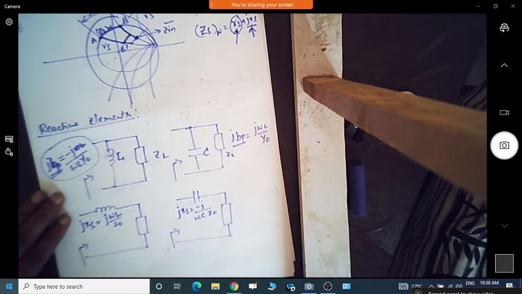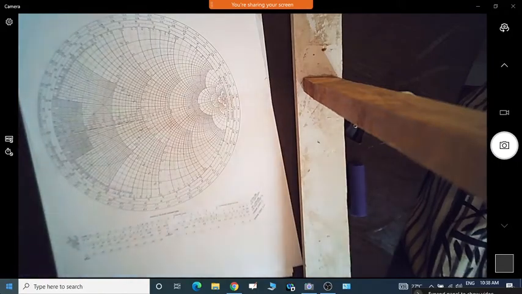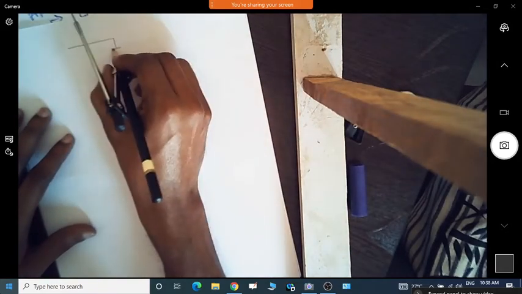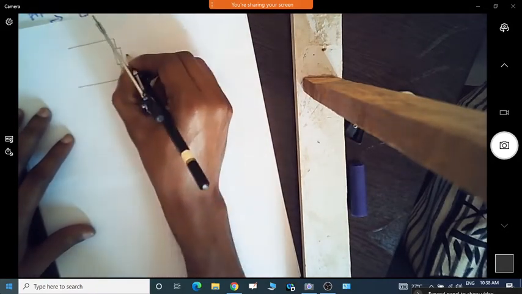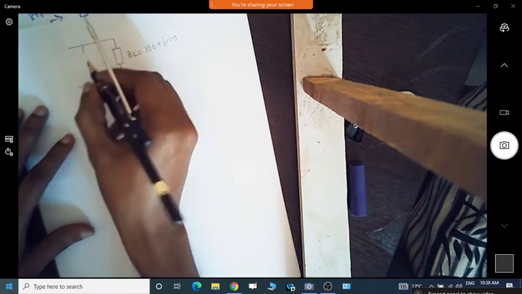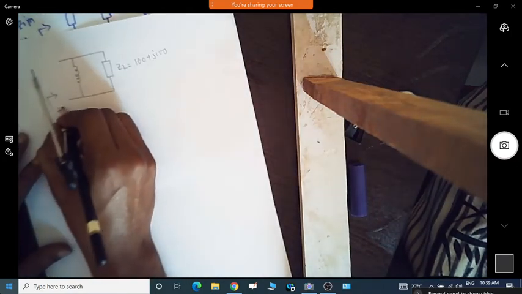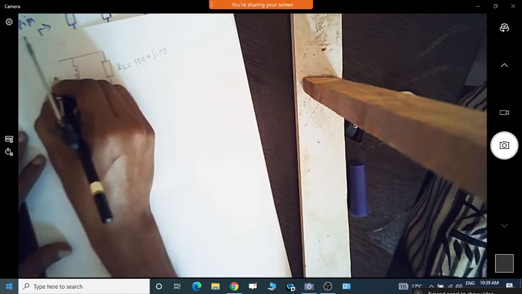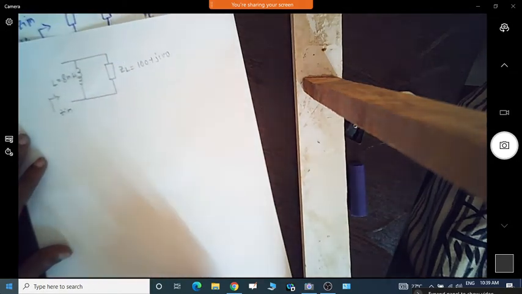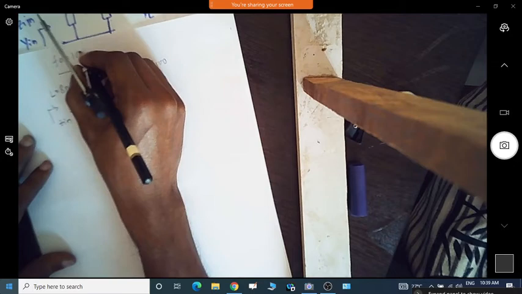Let us take it on the ZY chart itself and find it out. Now if I have the load value ZL, something like 100 plus J100, and I have a shunt inductance, I need to find the input impedance here. First I need to find out, for a particular value of L, let us take 8 nanohenry, at frequency F0, the resonance frequency, which is 100 megahertz.